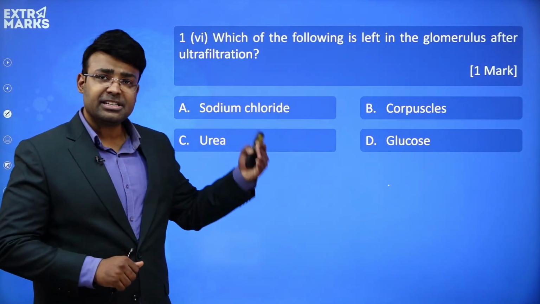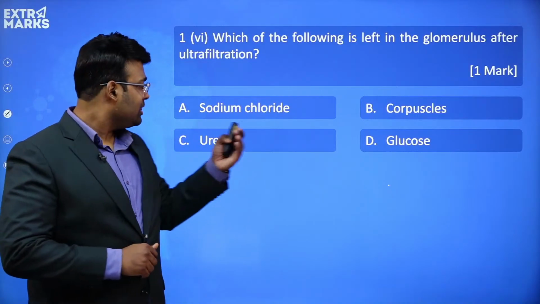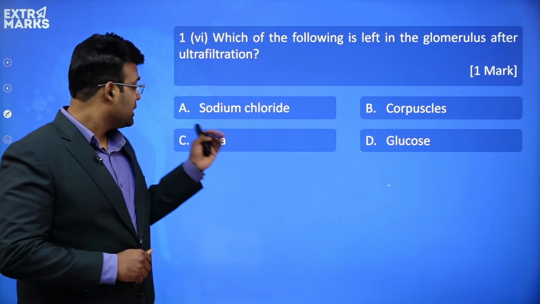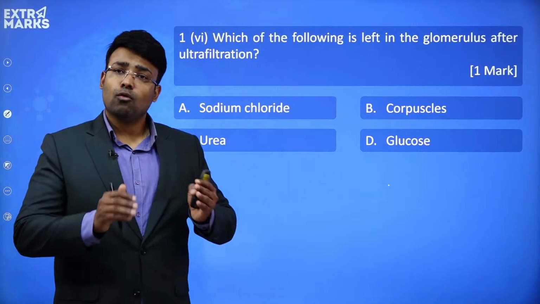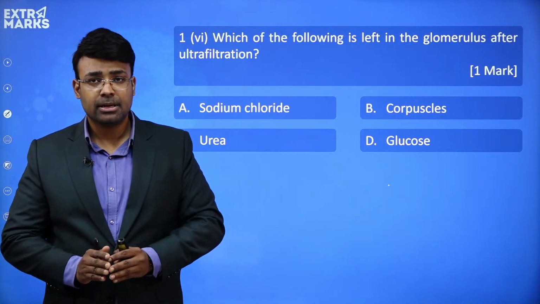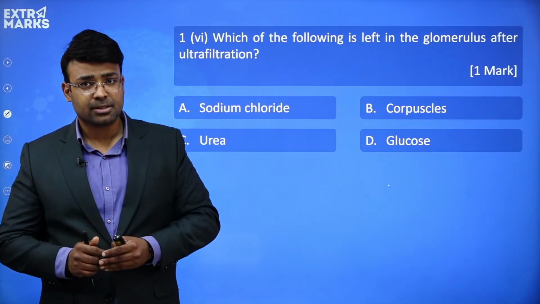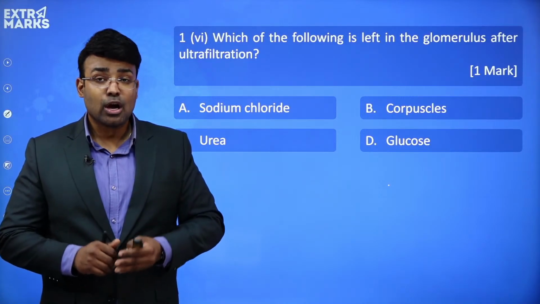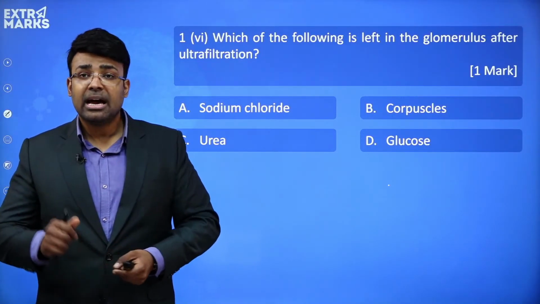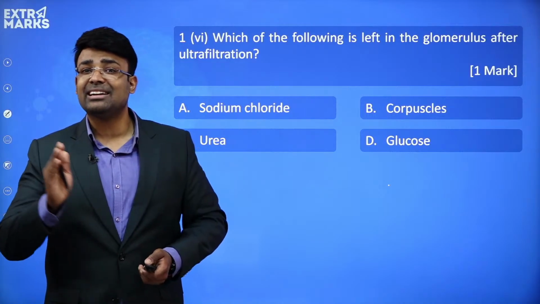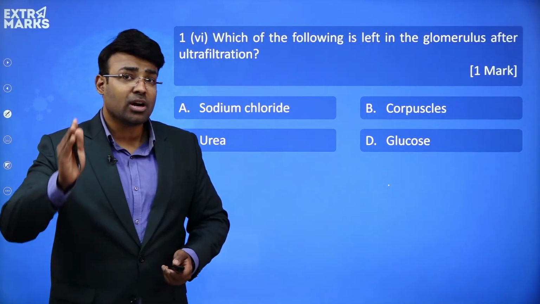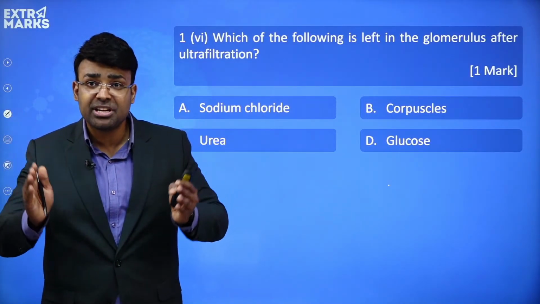So whenever filtration happens, all these things like salts, urea, glucose, whatever is there in the blood, basically get filtered during ultrafiltration because of the hydrostatic pressure. And the only things that do not get filtered are your RBCs and the larger proteins.